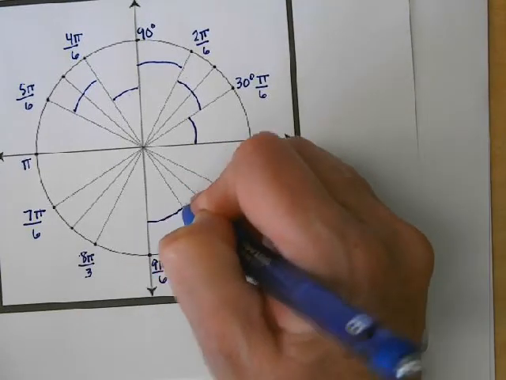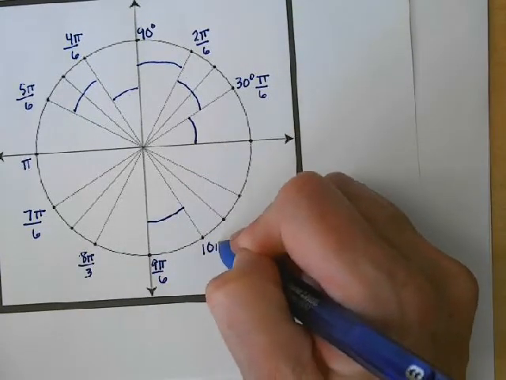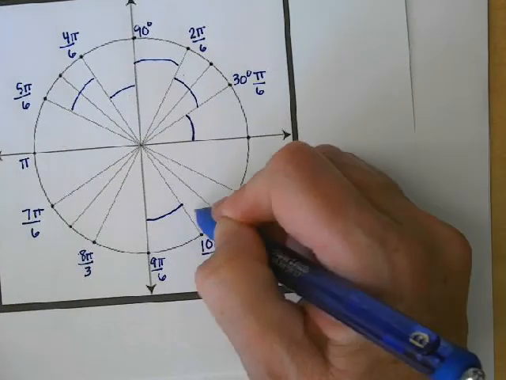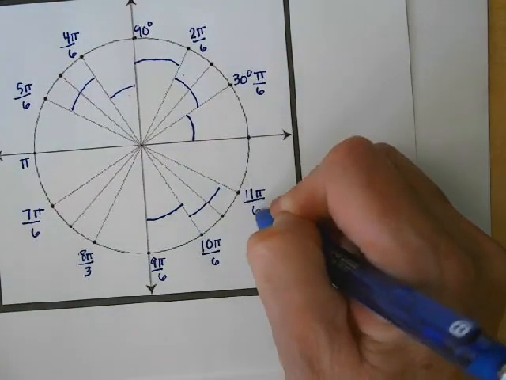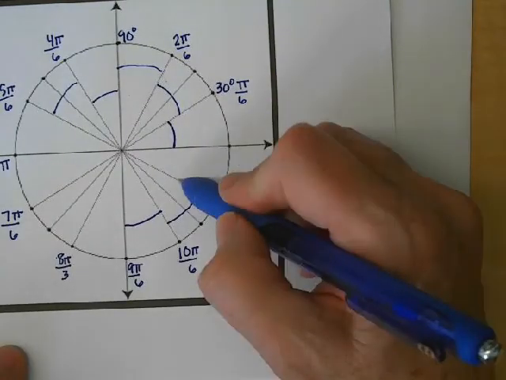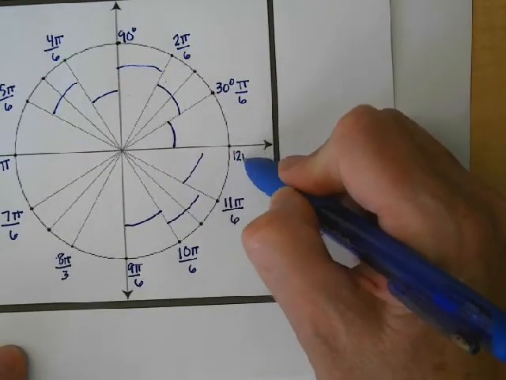From here to here is another one, so 10 pi over 6, one more, 11 pi over 6, and one more, 12 pi over 6.